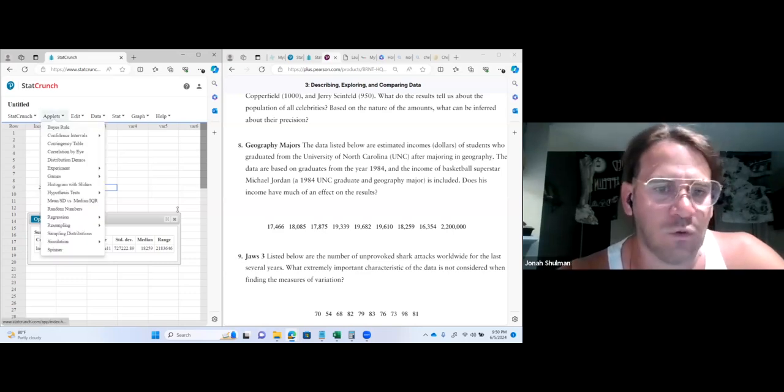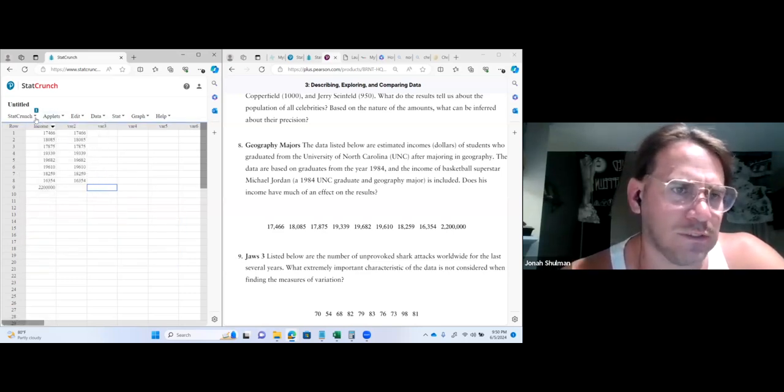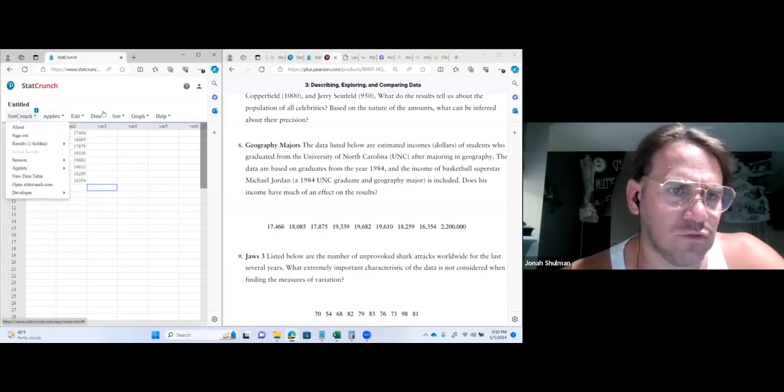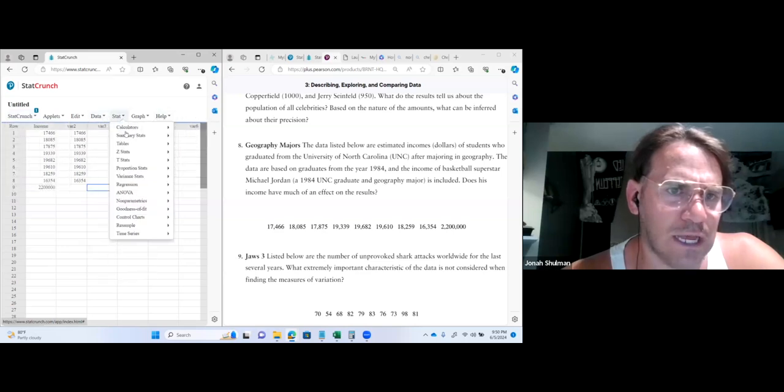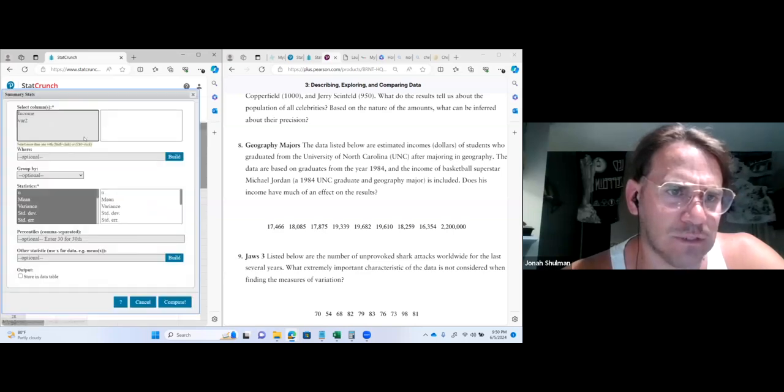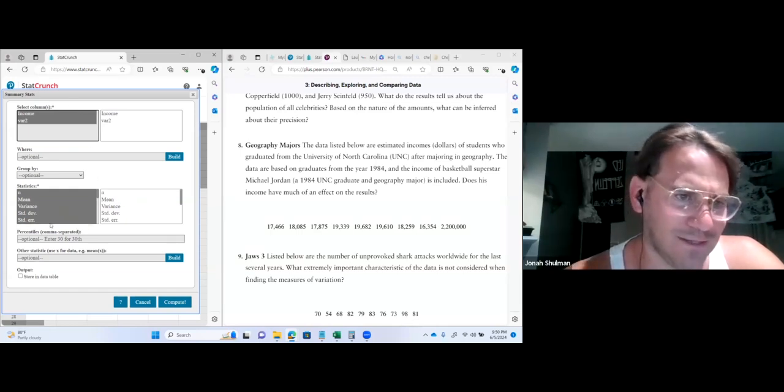Cool. So I'm going to do it one more time without Jordan, just so you can see the difference. So let's go to summary stat columns. I want them both. So variable 2 is the one without Jordan. I hate standard error.